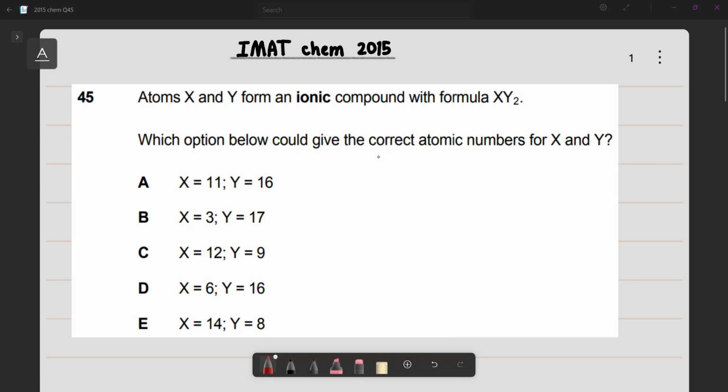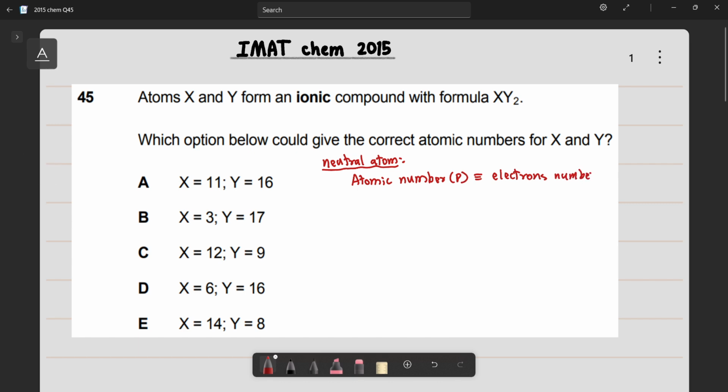So first of all, we must know that atomic number, in other words, is also called the proton number, the number of protons. So in a neutral atom, the atomic number or proton number is equivalent to the number of electrons.